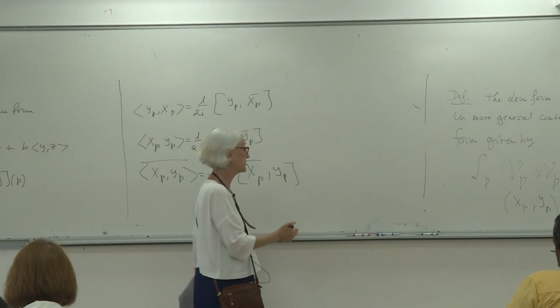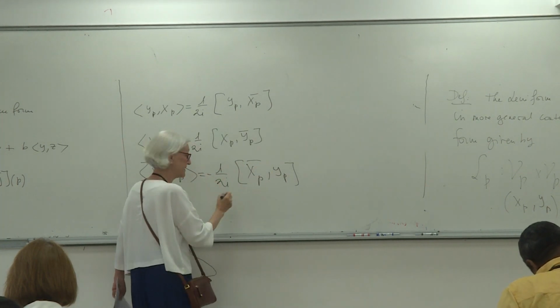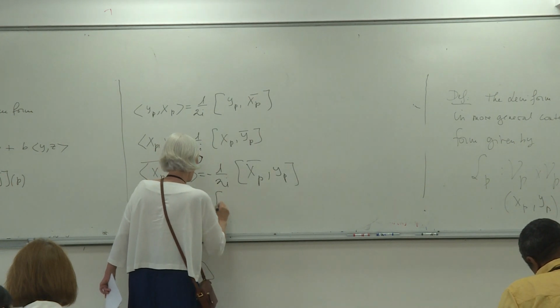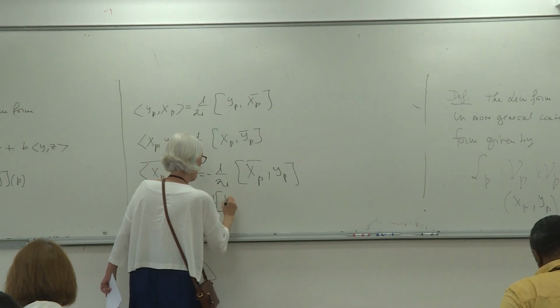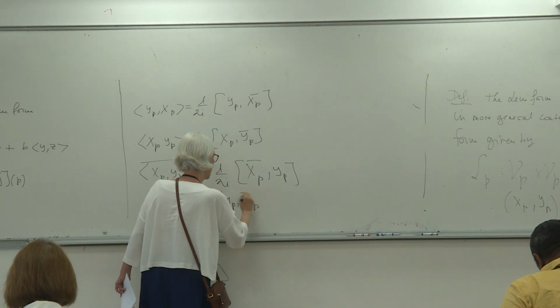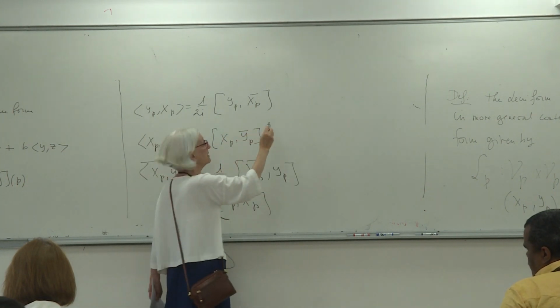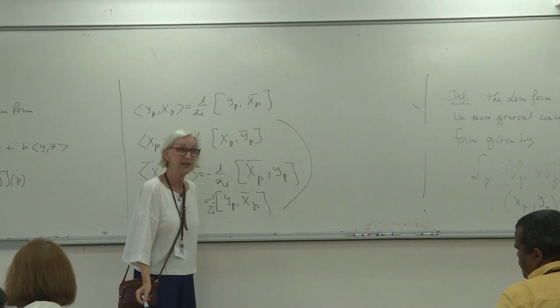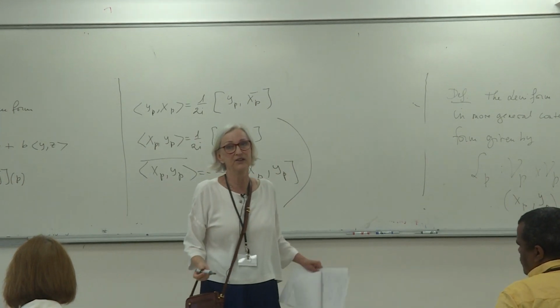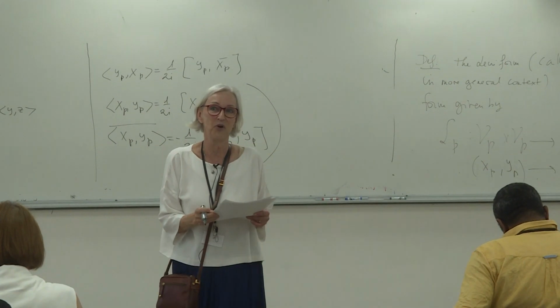And now, boom. So the minus sign is going to be 1 over 2i yp xp bar, and you look up, and it's the same. Okay? That's why you put an I, to get a Hermitian form. Okay?